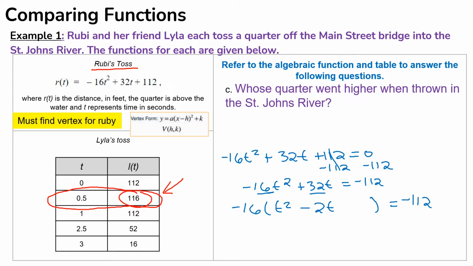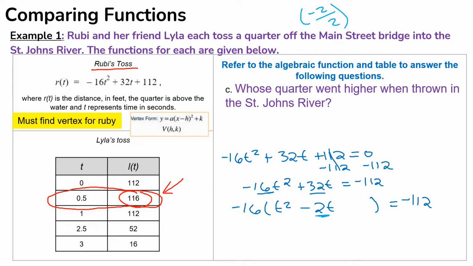Now I want to complete the square, so I'm taking half of b and raising that to the second power. In this case, b is the number with the variable with the exponent of 1, so b is negative 2. I'm going to take half of negative 2, and I'm writing it at the top now.